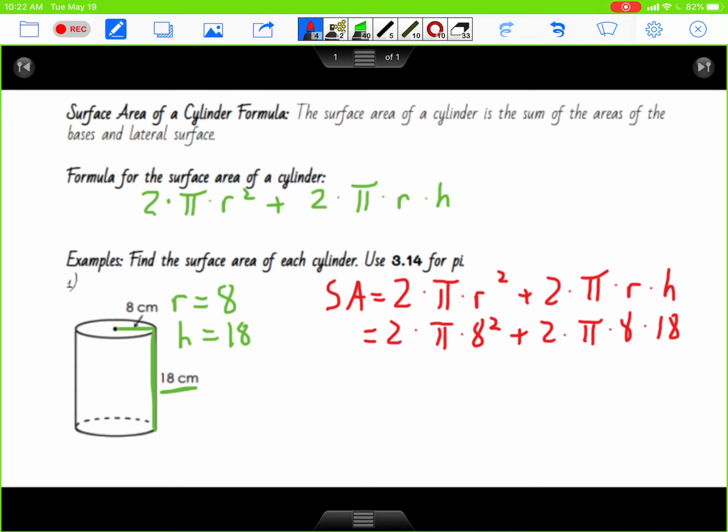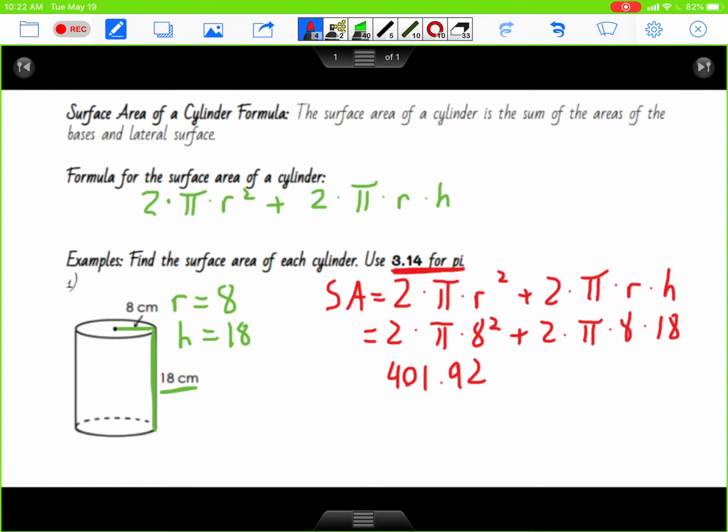Now you do your calculations. I like taking the calculations a little slower so I make sure I'm doing it right. So 2 times 3.14 times 8 times 8 is 401.92.